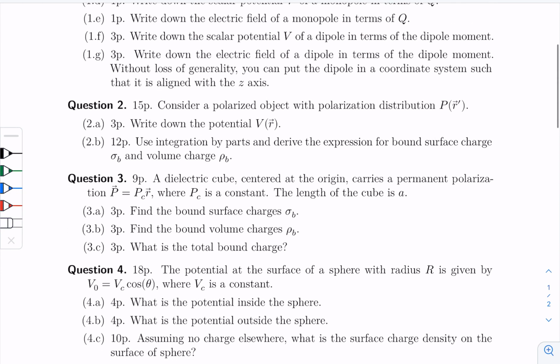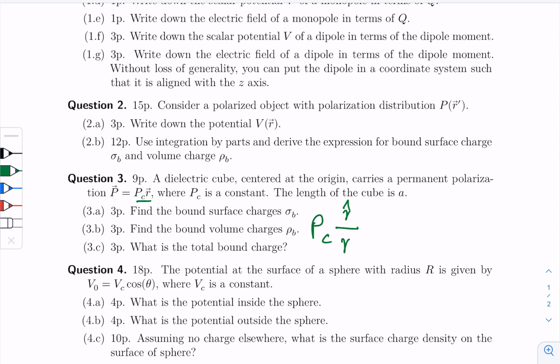So for question 3, question 3 is a simplified version of the homework. If you look at the midterm here, this is a function of r, but in the homework you are required to calculate the polarized potential, something like this.